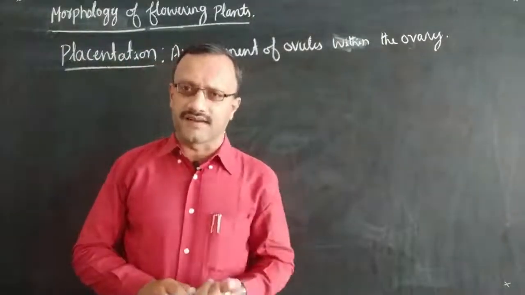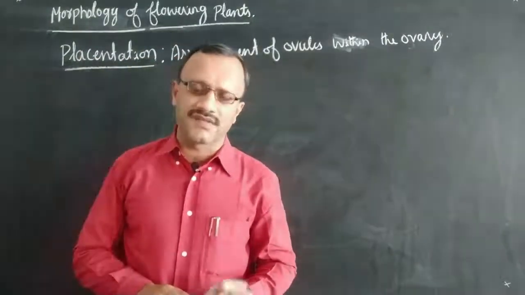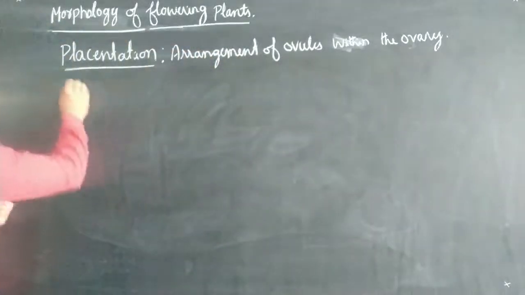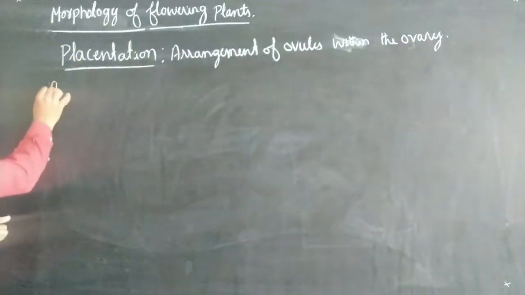Placentation is found in different forms in different plants. Basically, there are 5 different types of placentation.